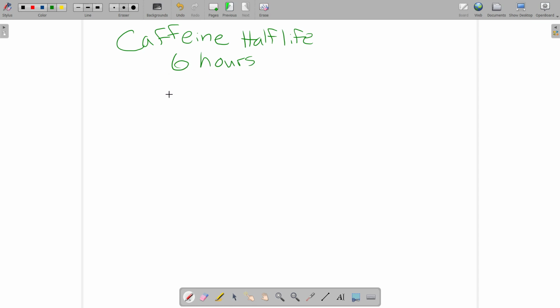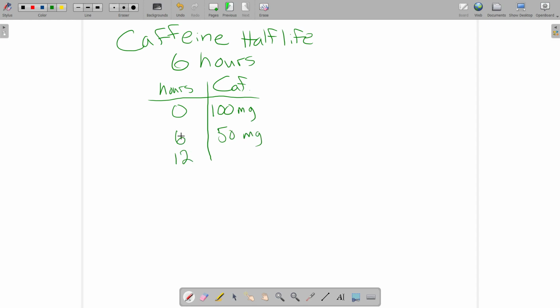So that means after 6 hours, if we were considering my table where you had hours versus caffeine, 0 hours we had 100 milligrams. 6 hours later we would end up with 50 milligrams. And another 6 hours after that, so 12 hours later, there would only be 25 milligrams in the system. Okay, so 100 milligrams is noticeable, 25 milligrams may not be noticeable to most people in their system.